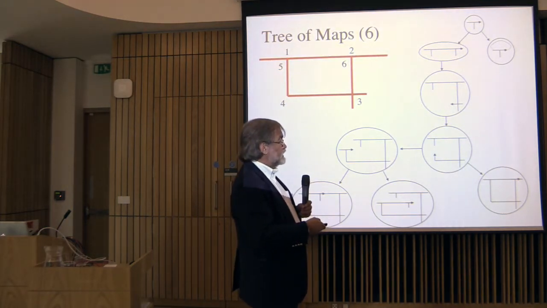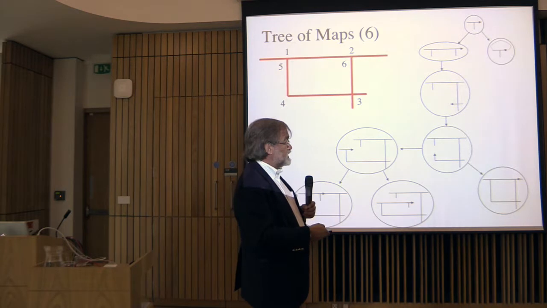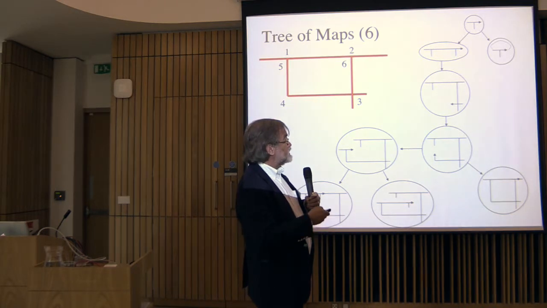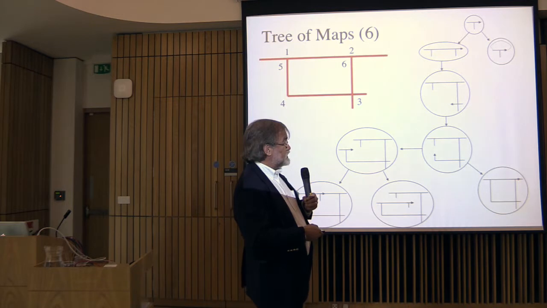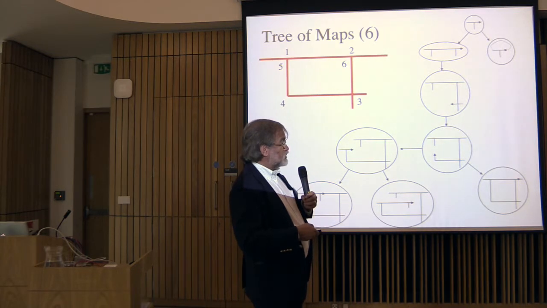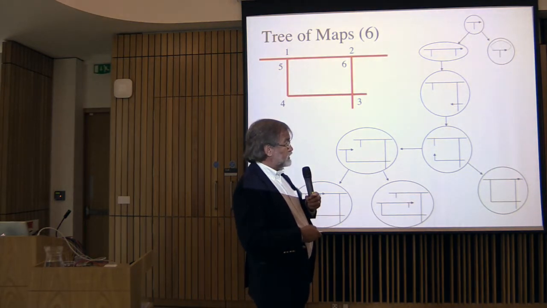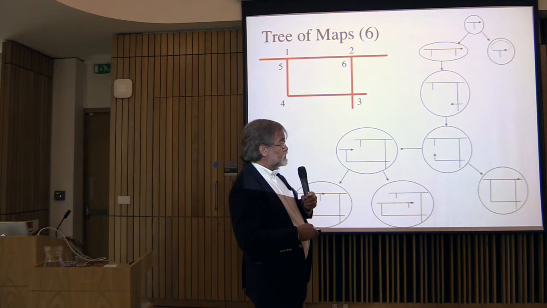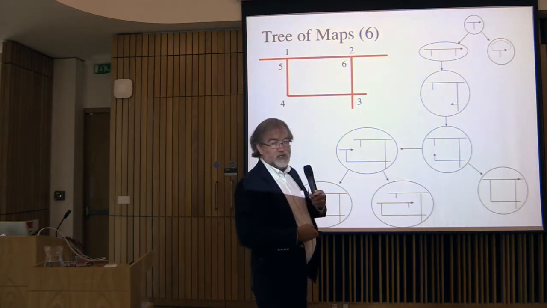This map, we have two possible hypotheses. One is a loop closing hypothesis that says place 6 is equal to place 1, which would produce this map. The other is that place 6 is not equal to place 1, and we already know that place 5 is not equal to place 1, and so we get this map.